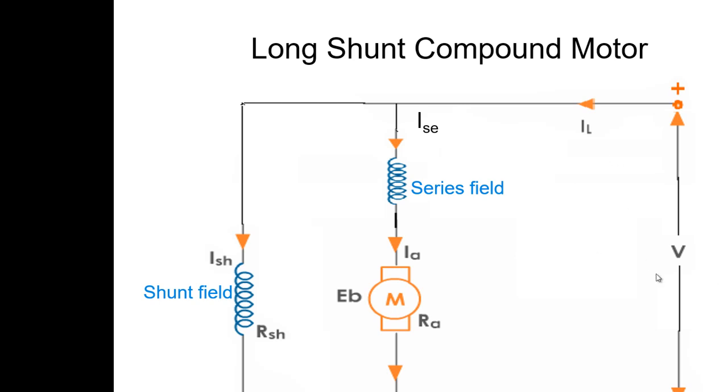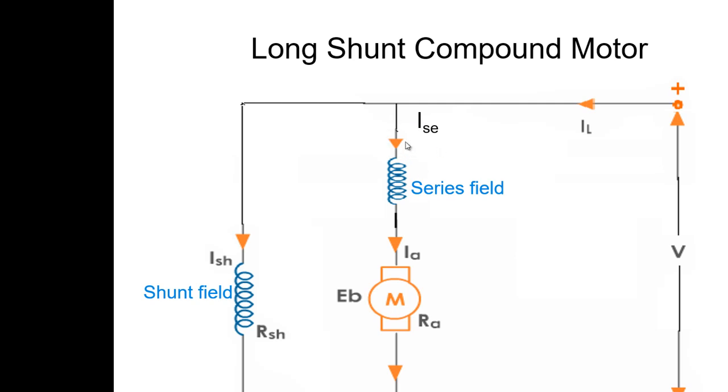We have applied the voltage here to the armature, and the armature has a series field winding and also a shunt field winding. Here this winding is across the series field winding and the armature, hence it is called a long shunt compound motor. Here the current IL will split into ISC and ISH.